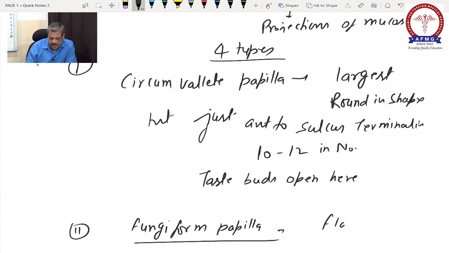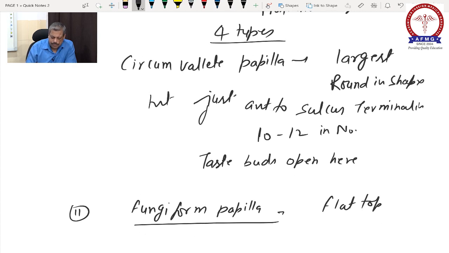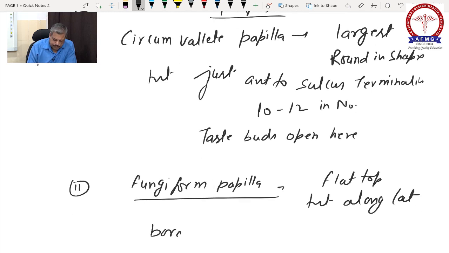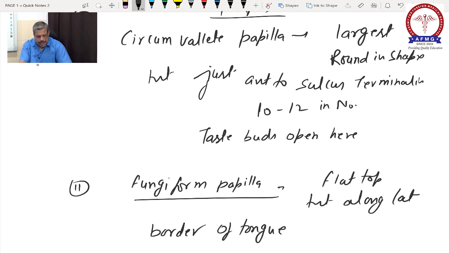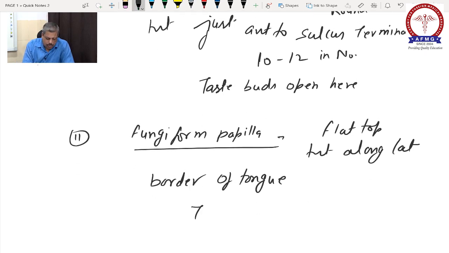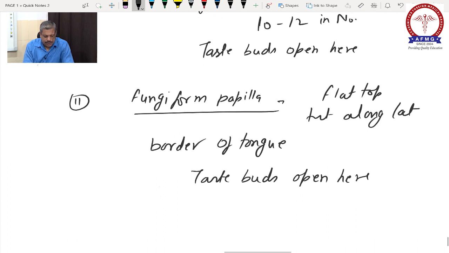They have flat top. They present along the lateral border of tongue. Taste buds open here in the fungiform papilla.